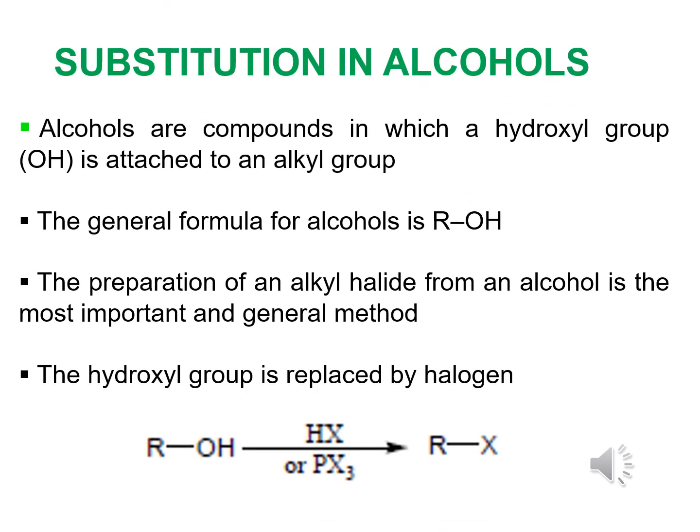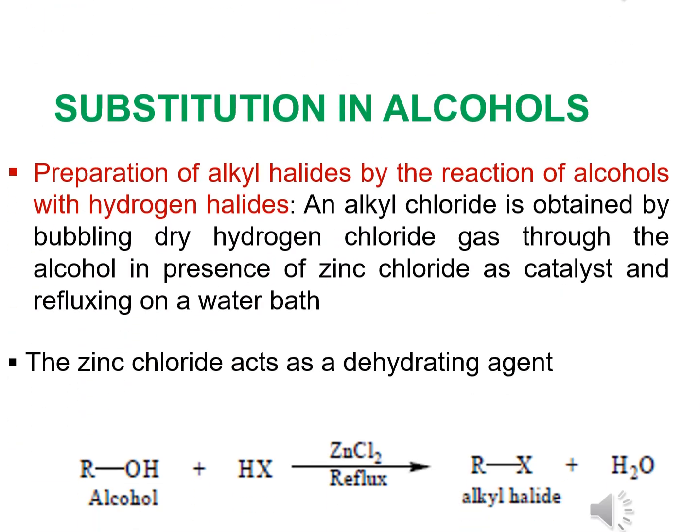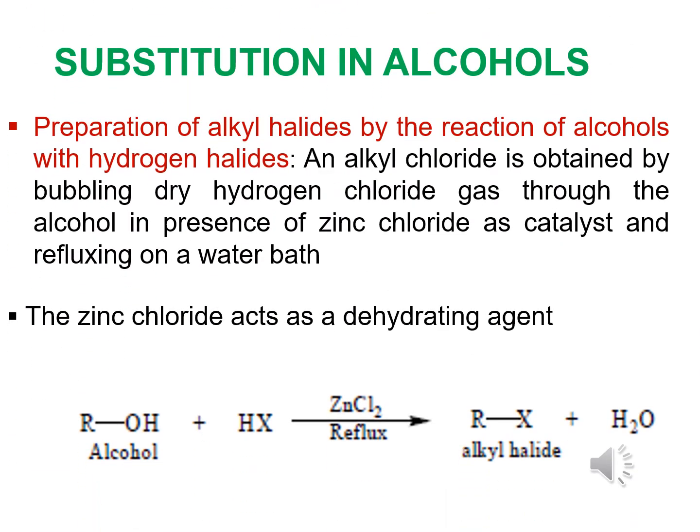The next method is by substitution reaction in alcohol. In this reaction, the hydroxyl, which is a nucleophile, is going to be replaced with halogen, which also is a nucleophile. First method is using Lucas reagent.